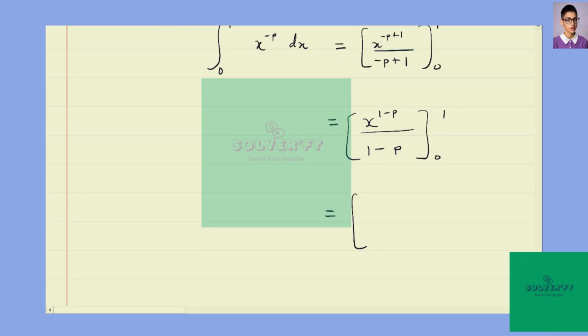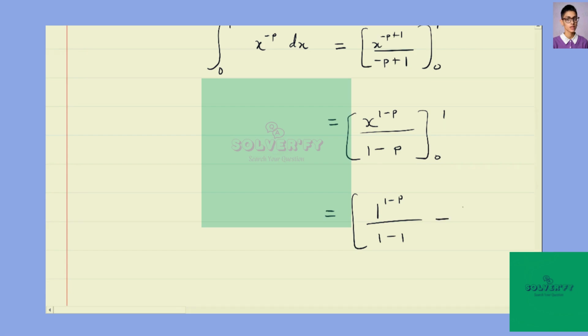So we put in 1 first, so 1 minus 1 all over 1 minus p. The x as well will change, so we have 1 in place of the x.